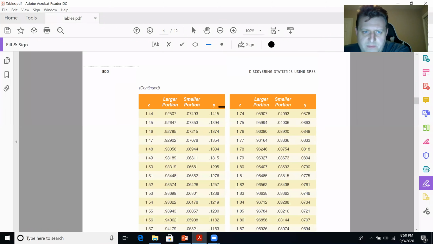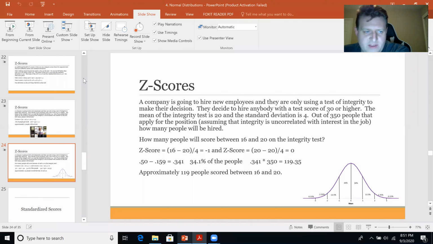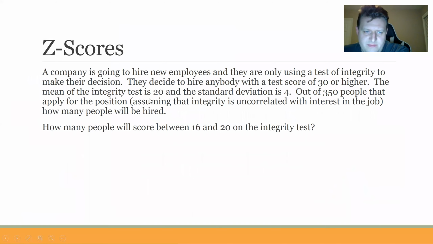The proportion of people that score lower than a -1 is 0.15866. All right, let's go back to the slides.